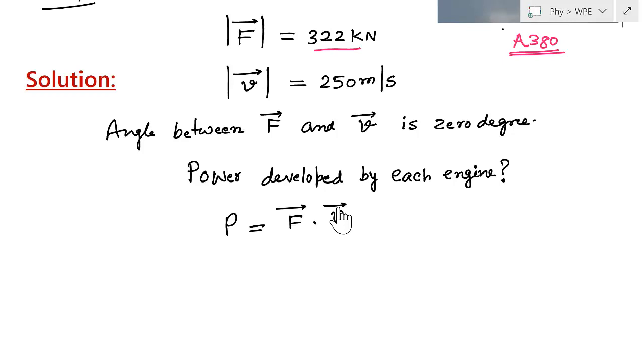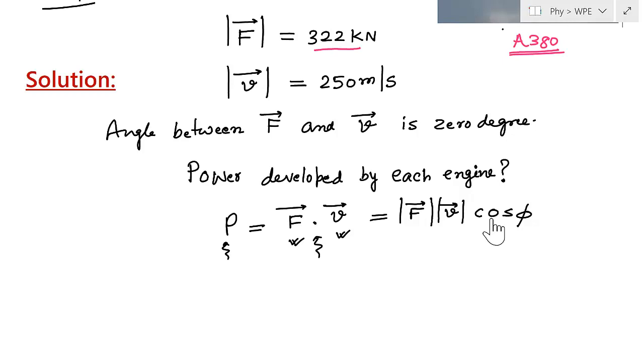Force is a vector quantity, velocity is a vector quantity, but once you take the dot product, the power becomes a scalar quantity. Now F dot V I can write as magnitude of F, magnitude of V, and then I have to multiply by cos phi, where phi is the angle between force and velocity vector.